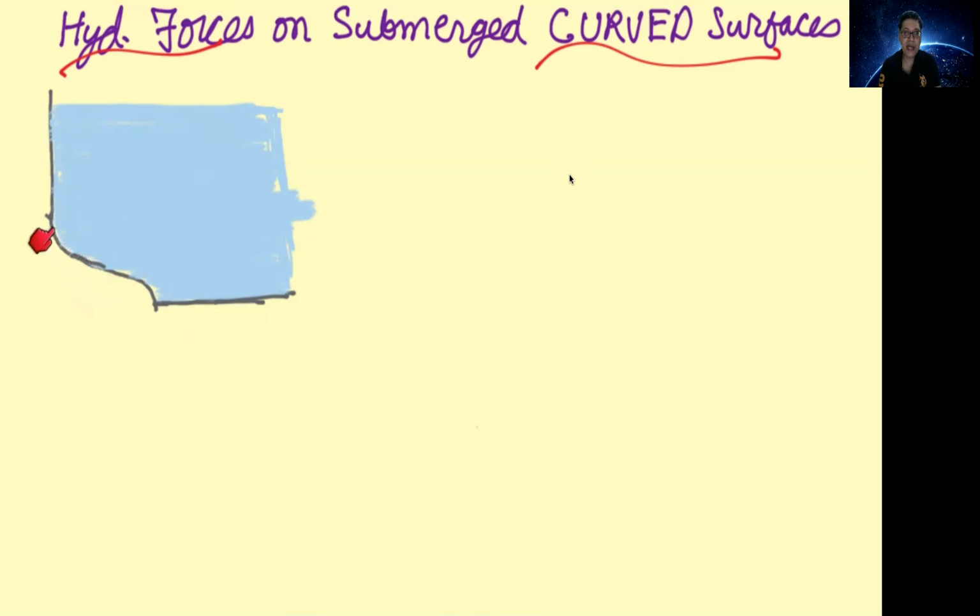So what we do is we consider only this curved surface, and as I mentioned, we reduce the hydrostatic force acting on the curved surface to a problem involving plane surfaces. So we take a vertical projected area.